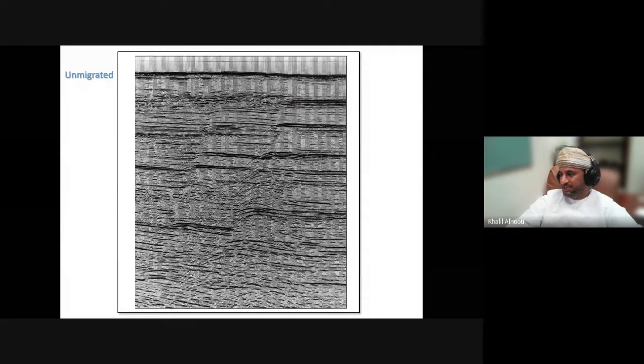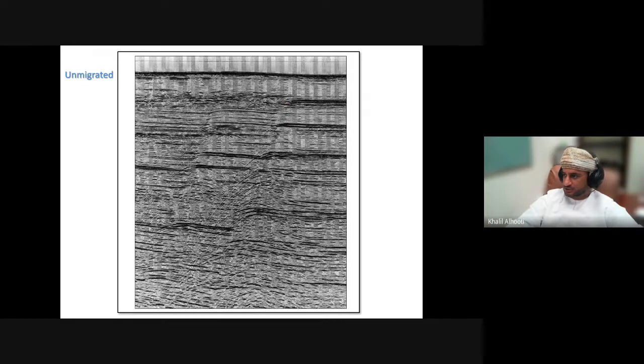I don't see the layers are continuous because it has been faulted. So this one here is probably here. You see how much it moved? It moved so much, and so on.